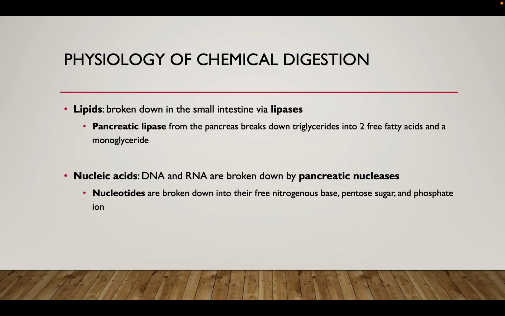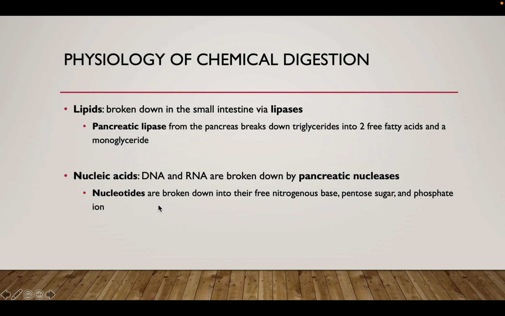So we had proteins and we had carbohydrates. We also have lipids being broken down by lipases. Pancreatic lipase will break down our triglycerides into fatty acids, and we also have lipase in the mouth via the tongue, so we have lingual lipase as well. And then lastly, we have the breakdown of our nucleic acids, so deoxyribonucleic acid, which is DNA, and then ribonucleic acid, which is RNA.